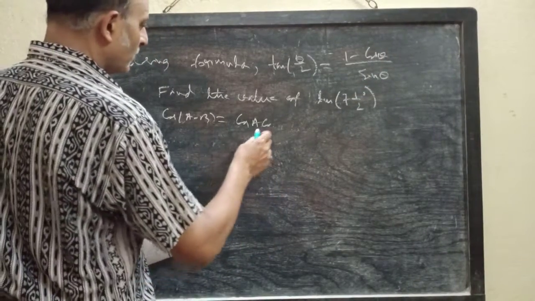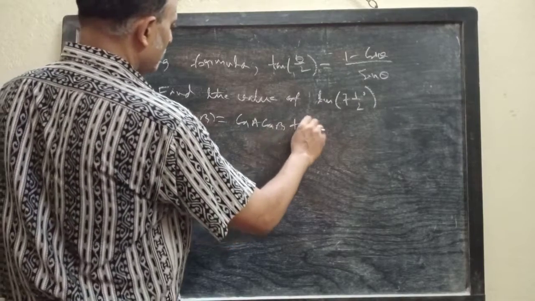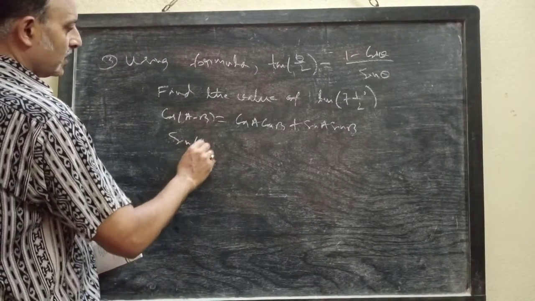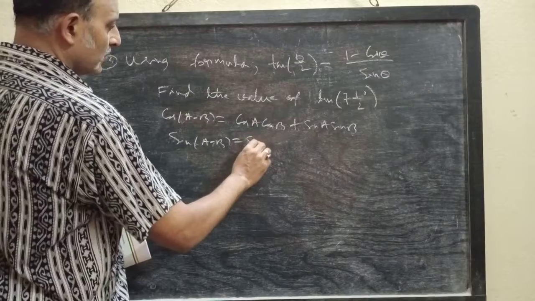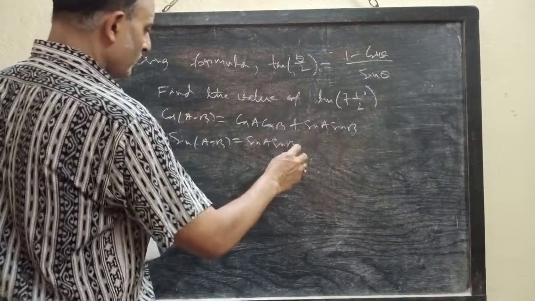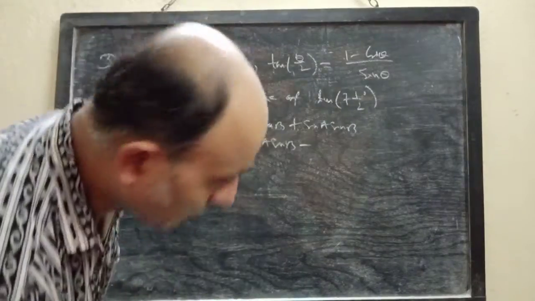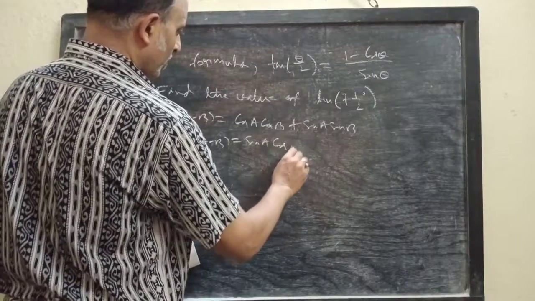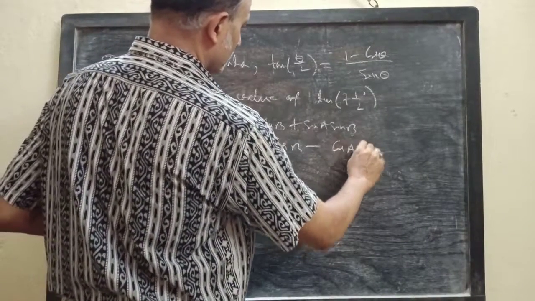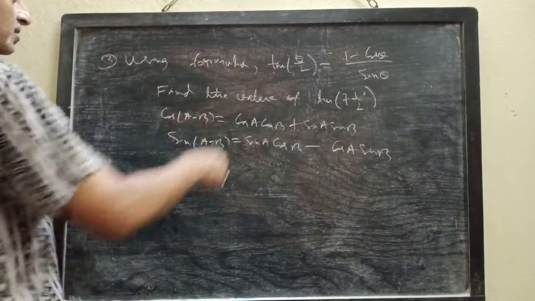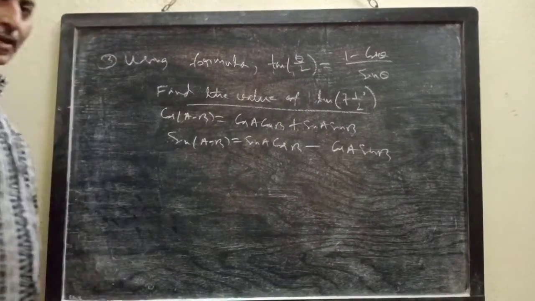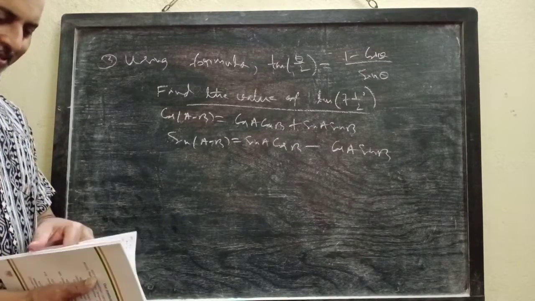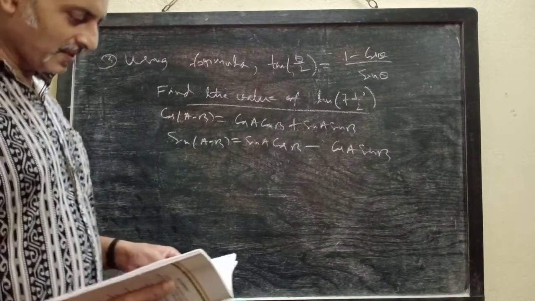For this formula will be required: cos A cos B plus sin A sin B, and sin of A minus B. This will be sin A cos B minus cos A sin B. Using these 3 formulas, you have to find the value of tan 7.5 degree. This is also a very important value, which is frequently asked in class 11 exam. Okay.